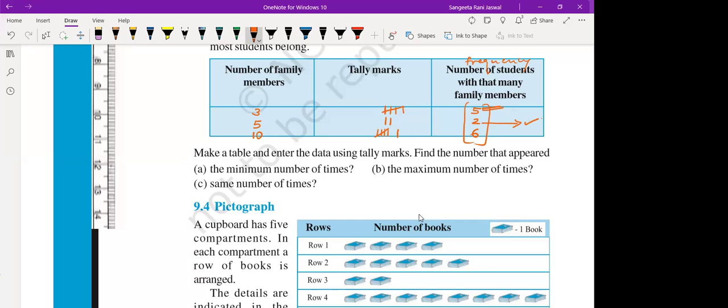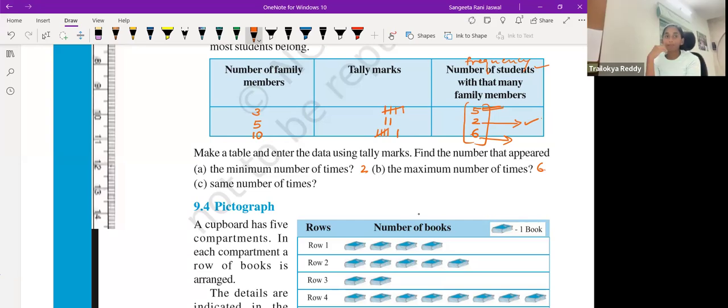So the minimum number of times is 2 and the maximum number of times is 6. If you have 2 similar data, that will be the same number of times, but here we have not taken anything like that.